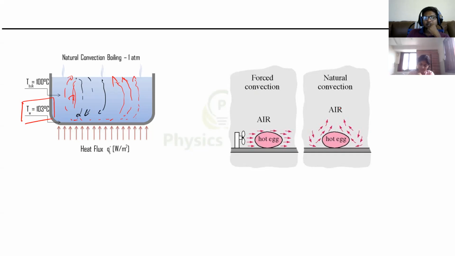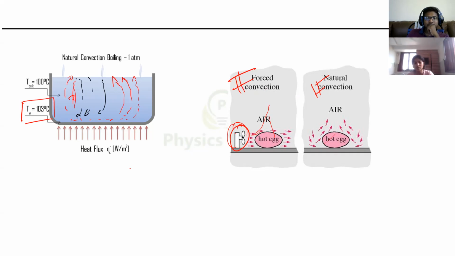Okay. Then the forced one is like a blower you kept, and this egg is getting cooled because the molecules are traveling from one place to another place. Naturally, if it is going, this is natural due to air. But here you use a blower. This is a forced convection example. Got it?